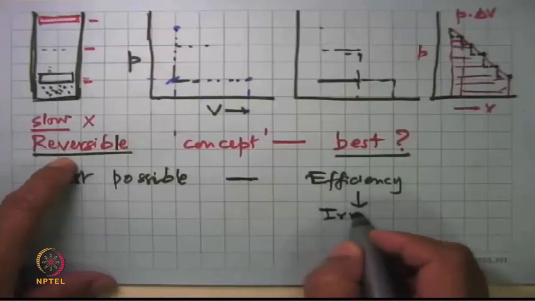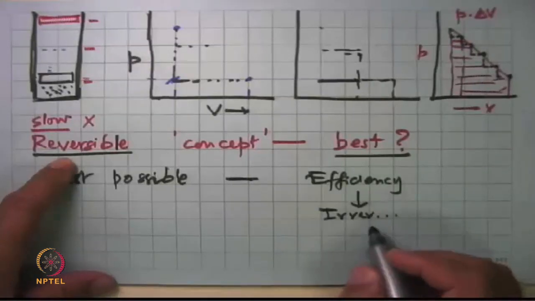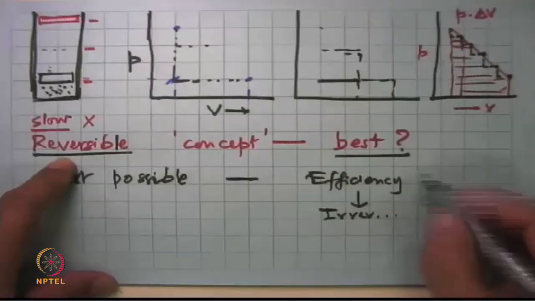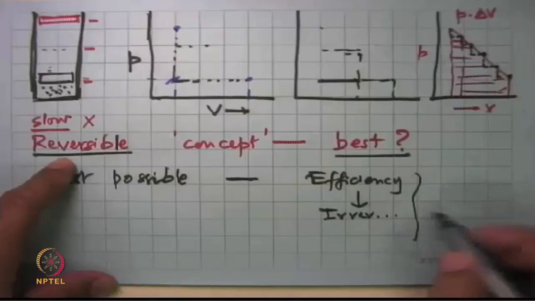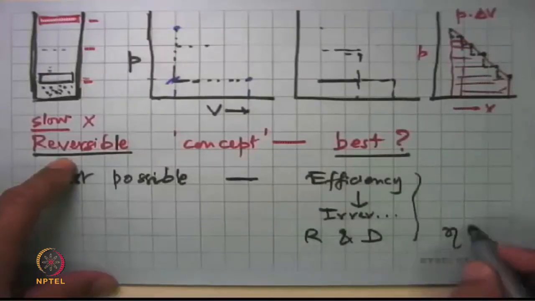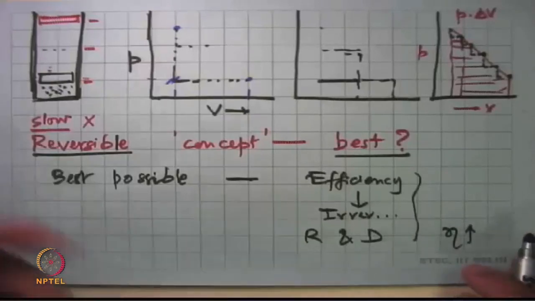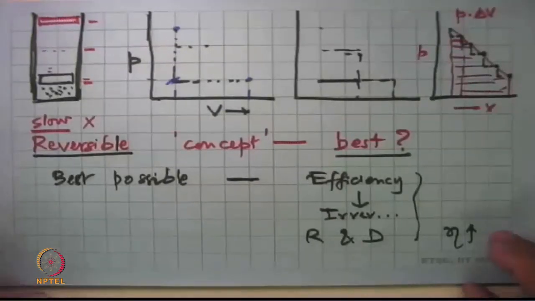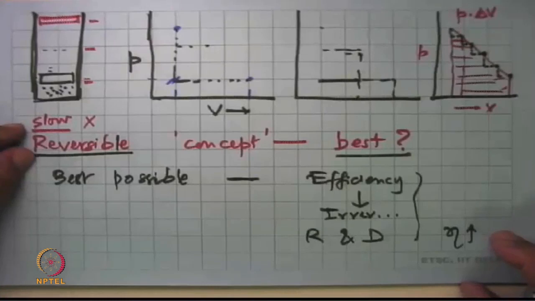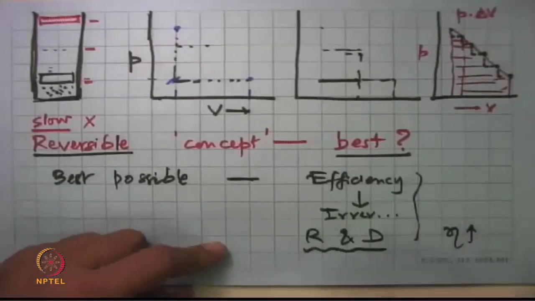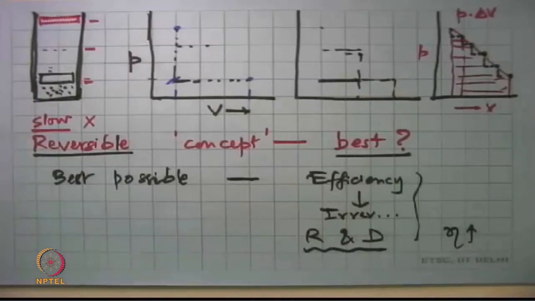Okay, so if we do everything to do that, and with time, last 50 years, 80 years, 100 years, what we have seen is various things have been done as research and development, and in every case, efficiency has increased, not to mention the fact that reliability has increased, maybe cost has come down, all of that as well. In that sense, thermodynamics was the driving force, and it still is the driving force for what happens in research and development.